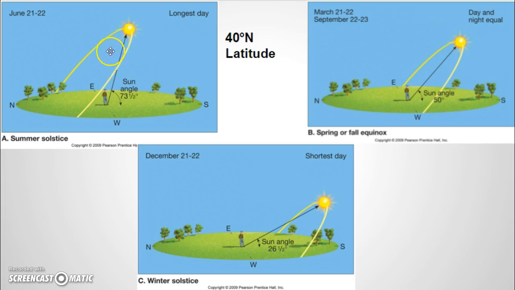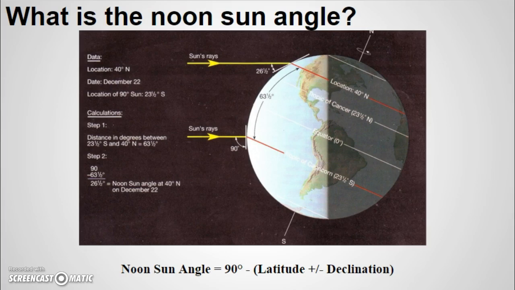As I move from June into the fall equinox, September, I would see that my sun angle is decreasing until I reach my winter solstice, where it's much, much lower. It's only 26.5 degrees above the horizon. And then I'm heading back into my spring equinox, and it's rising again, and then it reaches back to our summer solstice. So the sun's position in space can be calculated based on knowing the latitude we are working from and the declination, which is where we'll be using the Analemma chart.